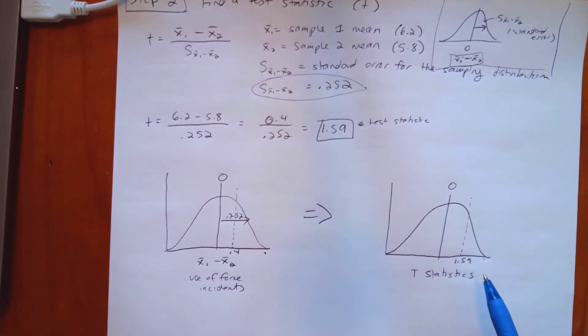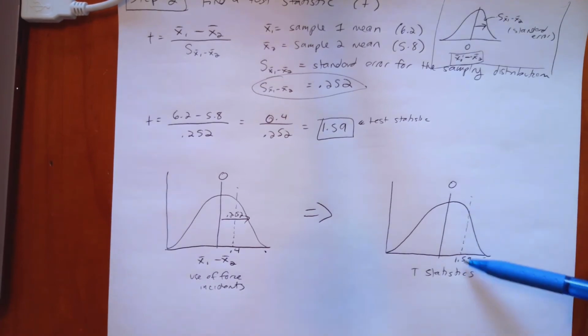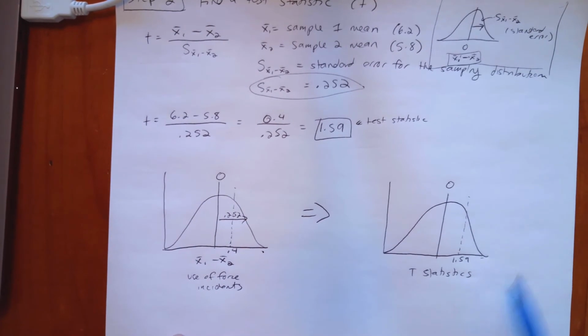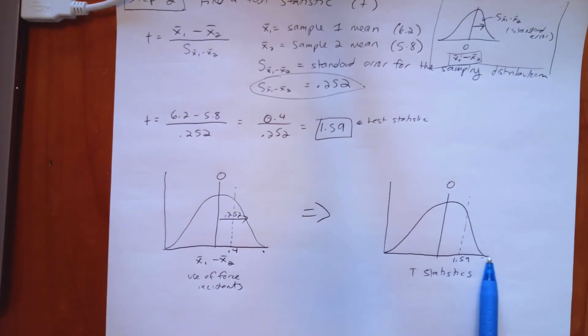And we're going to try to figure out, again, whether this sample we have, which we can describe on this standardized distribution like this, is one of these really unlikely differences in sample means that we could get, or whether it's one that would be pretty likely if there was truly no difference between the two groups in the population.